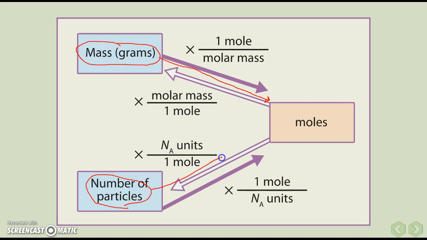So I can also convert into moles from my number of particles. And I can also do the opposite as well. I can go from moles into number of particles, or I can go from moles into grams. And this is going to become very handy to go back and forth between these. And I'm going to show you how we do that here in just a second.